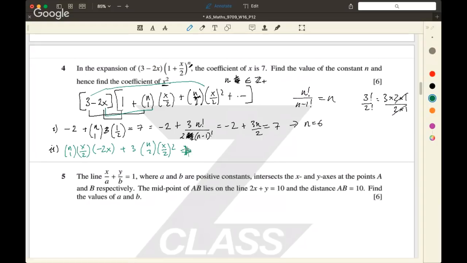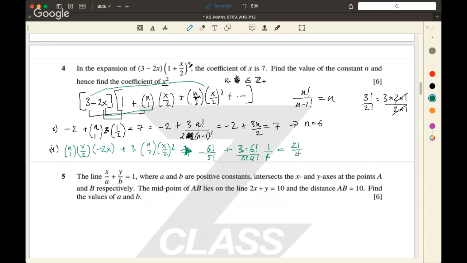So if we take the x squareds away, because we only care about the coefficient, we get 6 factorial over 5 factorial minus 6 factorial over 5 factorial plus 3 times 6 factorial over 2 factorial, 4 factorial, 1 on 4.